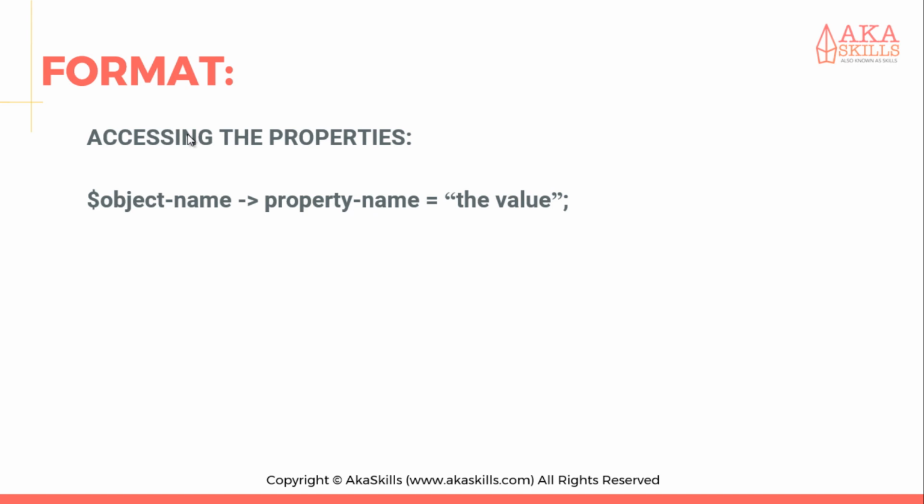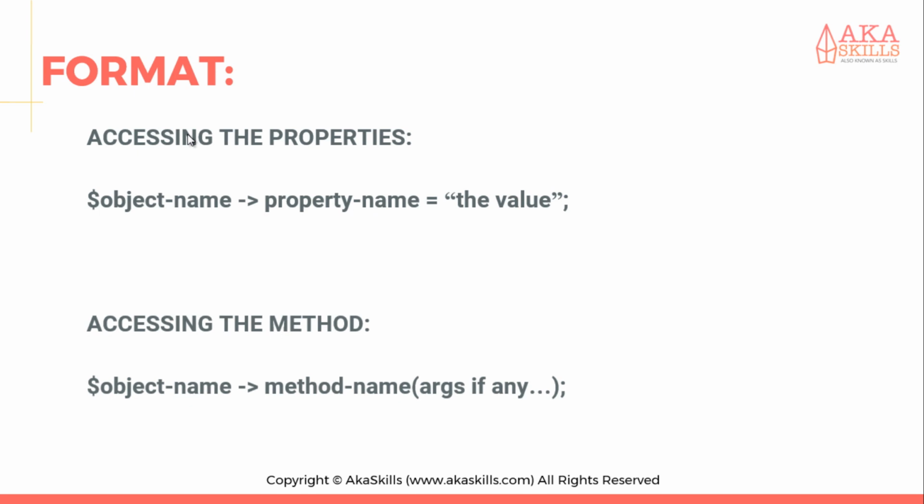Then you can then say equal to and assign that property a value. This is how easy it is for us to access the property, making use of the object we just created. Now, what if you want to access the method? It's pretty much the same thing, only that you are not assigning, you are calling the method.